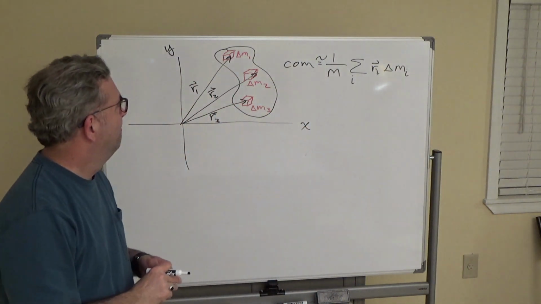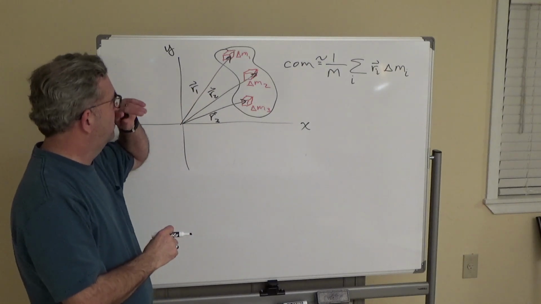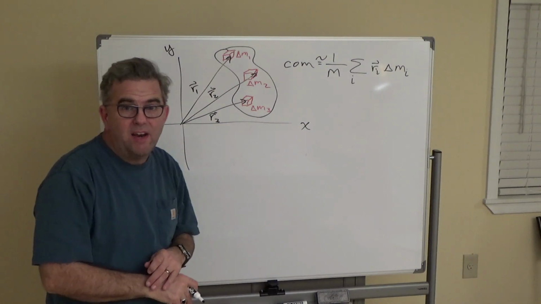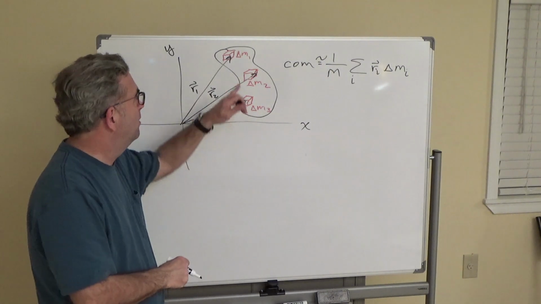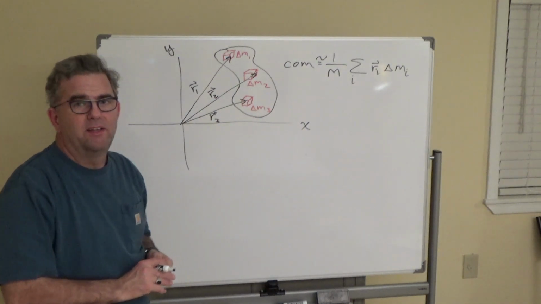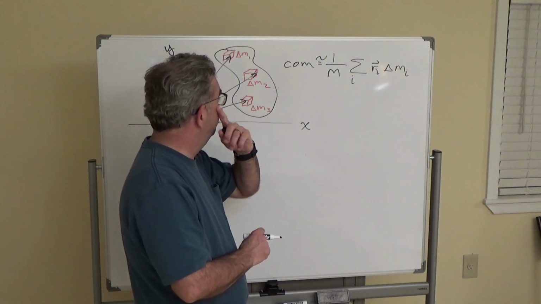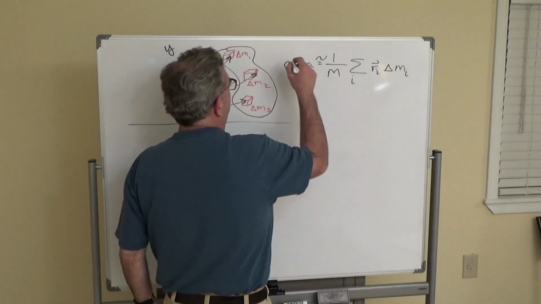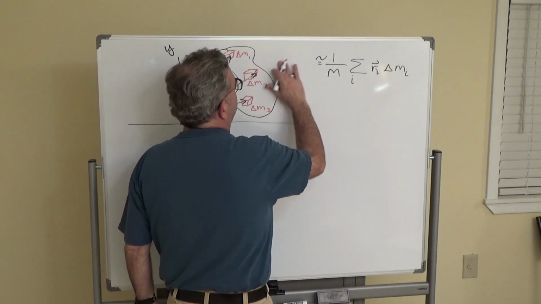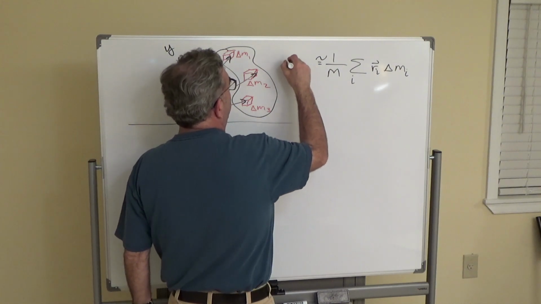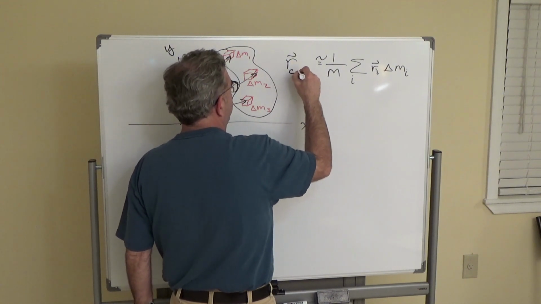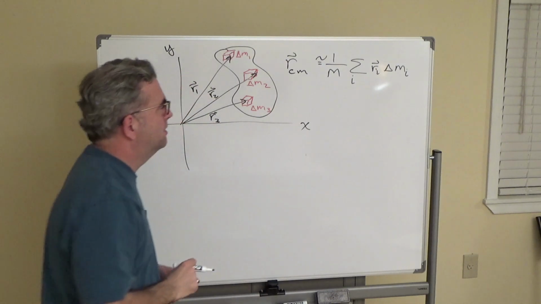In this case, this is not a very good approximation because I'm only breaking it up into 3. That's a really bad approximation. Oh, I should call this R center of mass, as a vector.